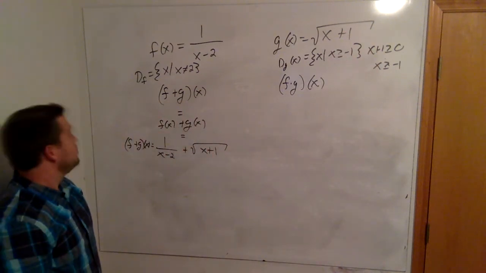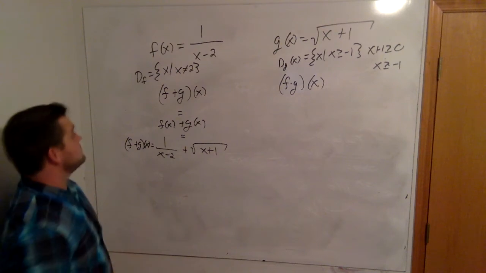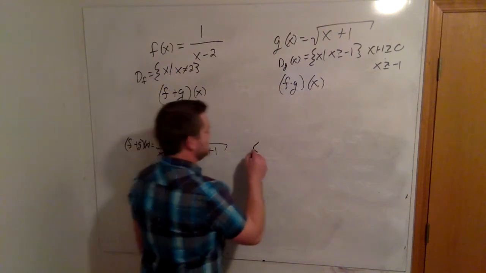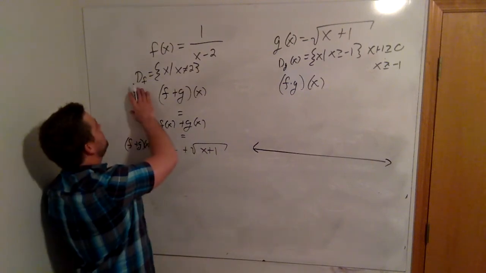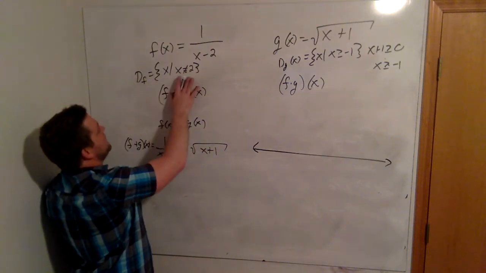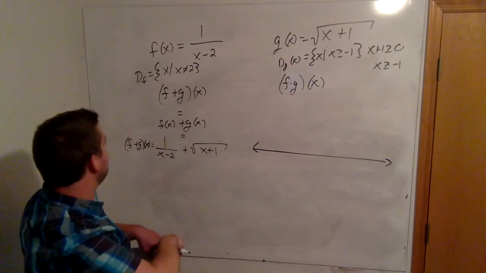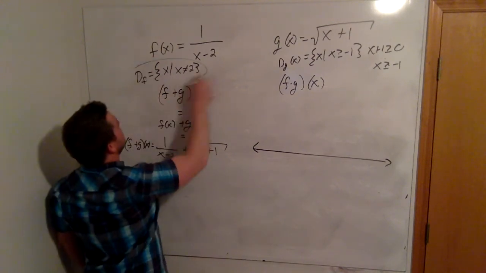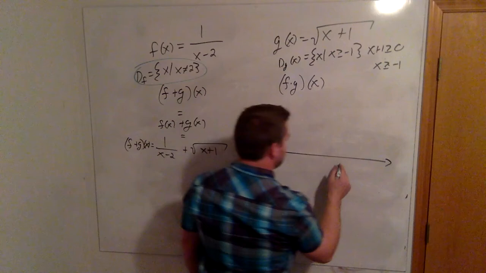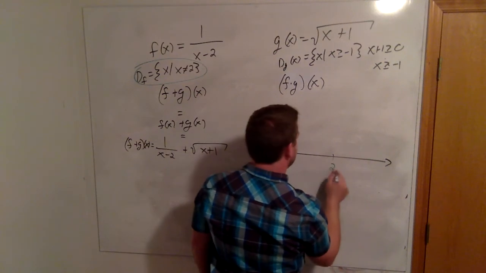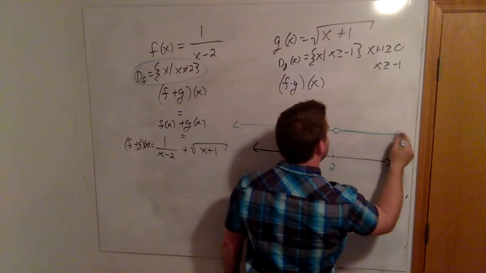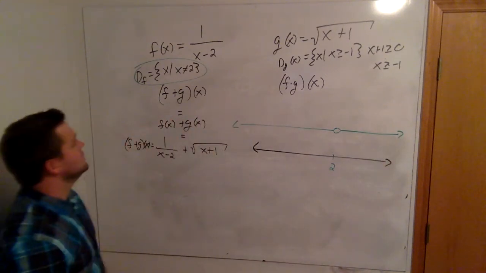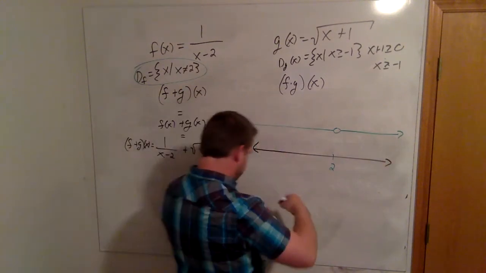Okay, so let's think about what the domain of this function is. It's great for us to draw this. For f, I just have all values of x such that x can't be equal to 2. Let's draw this one in green. If we're over here at 2, I can plug in any number besides 2. What does this set look like in blue?